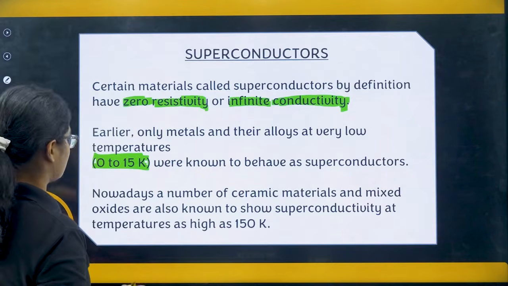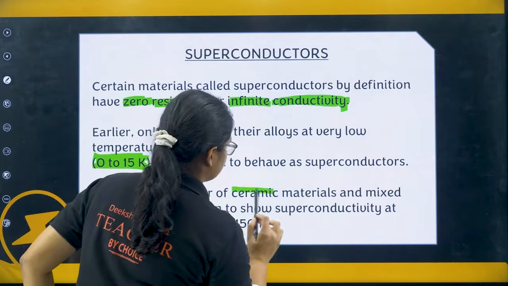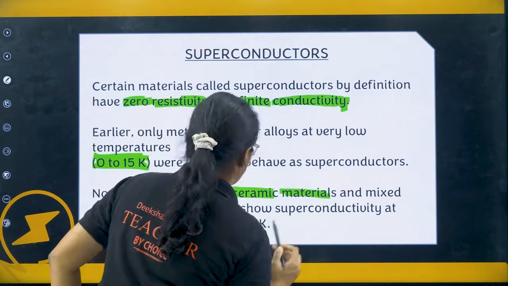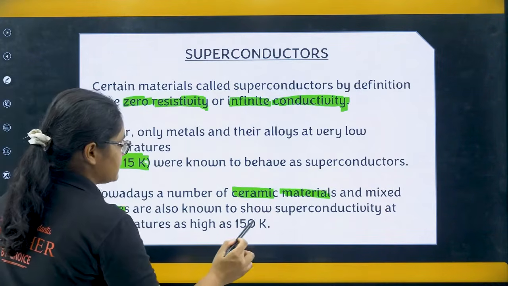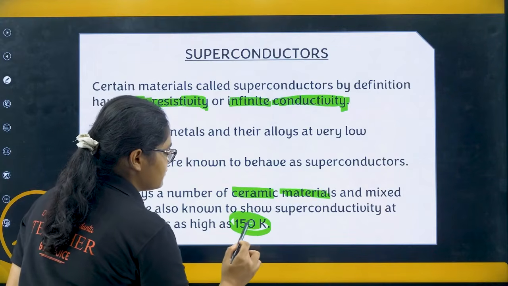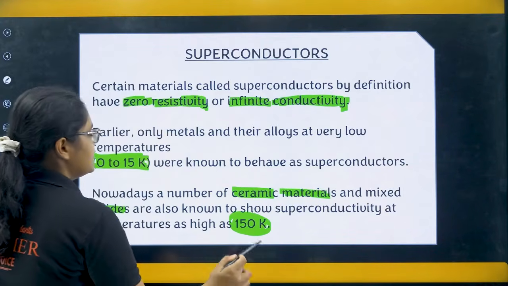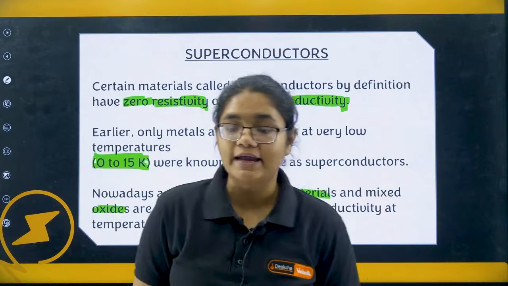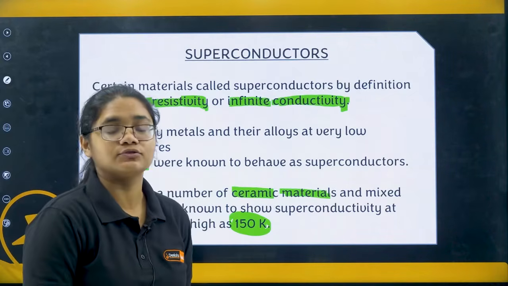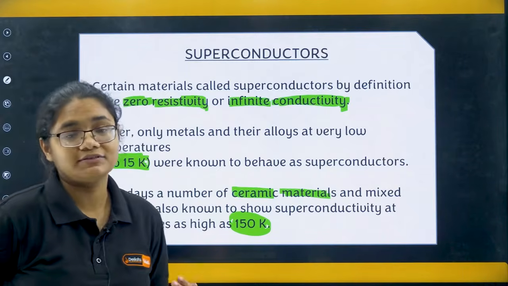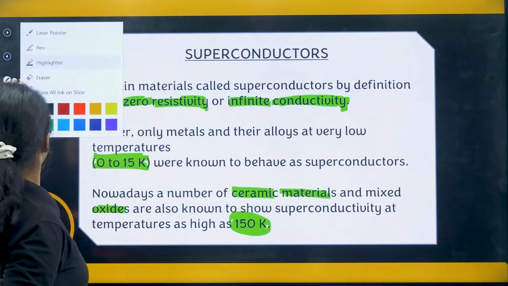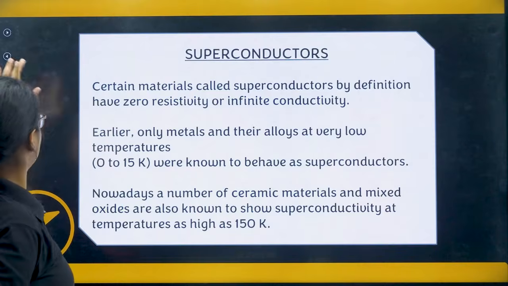There are many new compounds today, like ceramic materials and mixed oxides, which also show superconductivity at temperatures of 150 Kelvin. So at certain high temperatures we can also have superconductors, and they are ceramic materials and mixed oxides. These are the important things. I'll clear the slides so you can see properly.